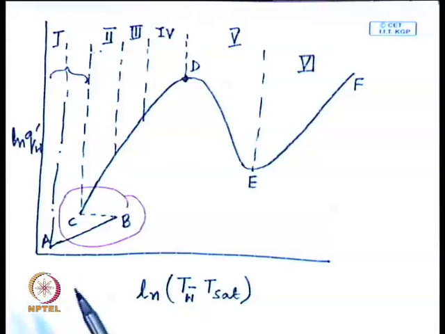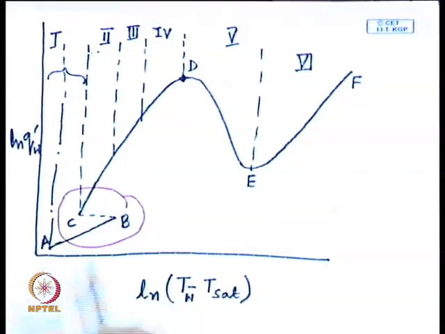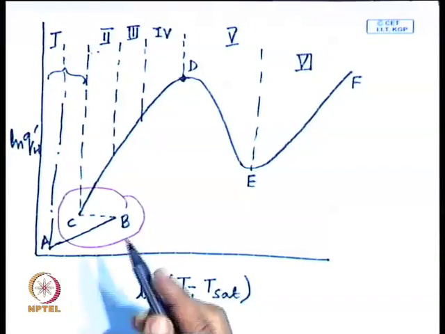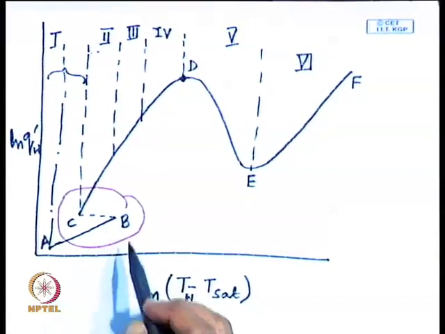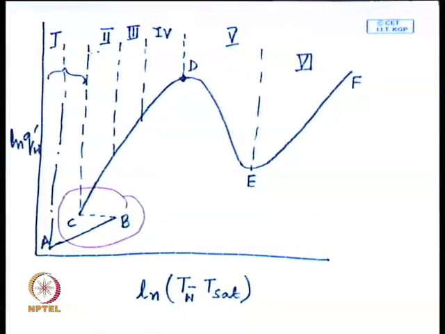Natural convection is taking place, and heat is taken away from the heated surface, but at point B the wall temperature condition is such that boiling can take place. So, at this point B, we can get two parallel mechanisms of heat transfer: one is natural convection and another is boiling. So, obviously, there is an enhanced capacity of transferring heat.